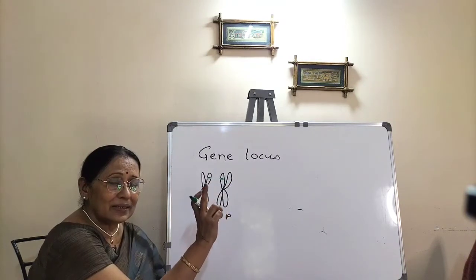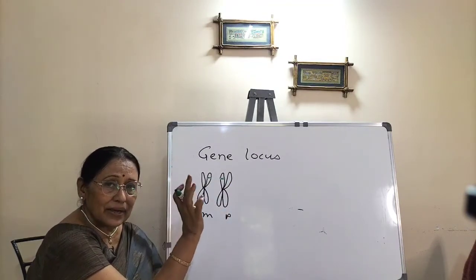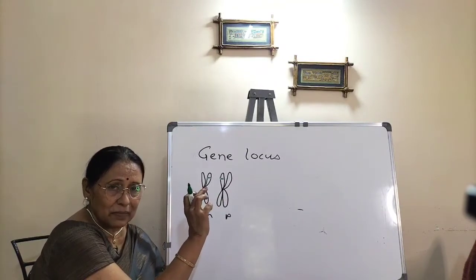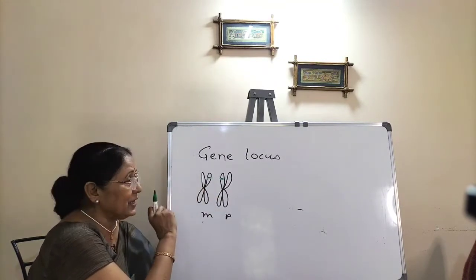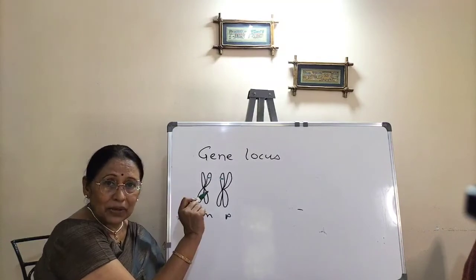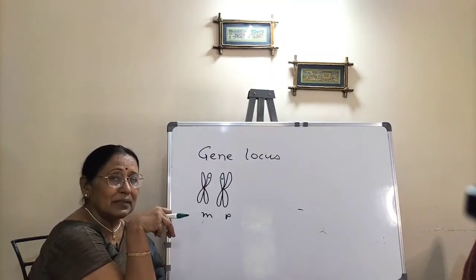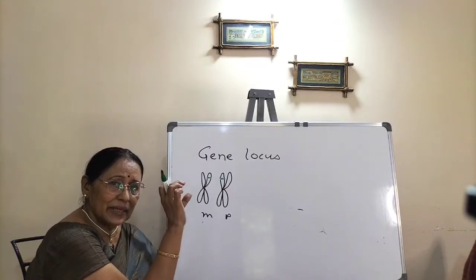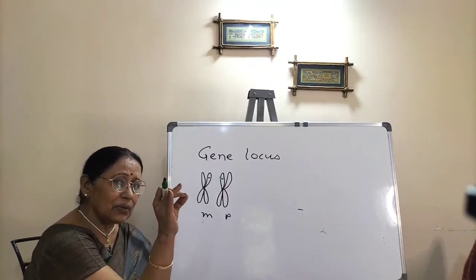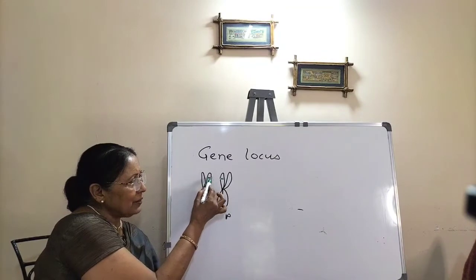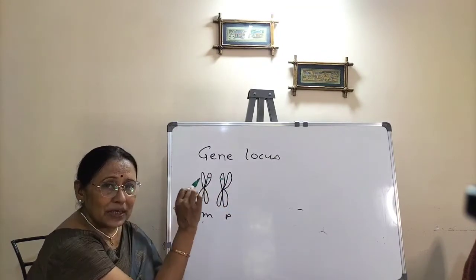During meiosis, when exchange of material takes place, linkage and crossing over takes place, this is only possible. As you keep studying, children, you will see everything gets linked to something else. So these two are on the same gene locus.